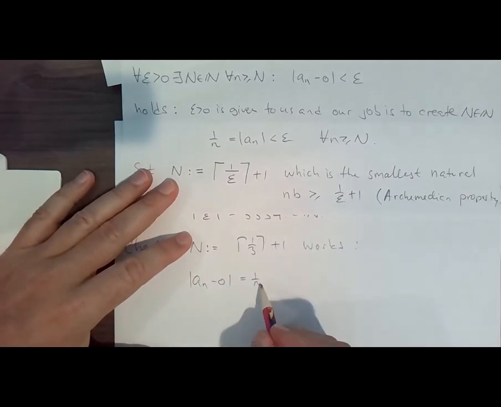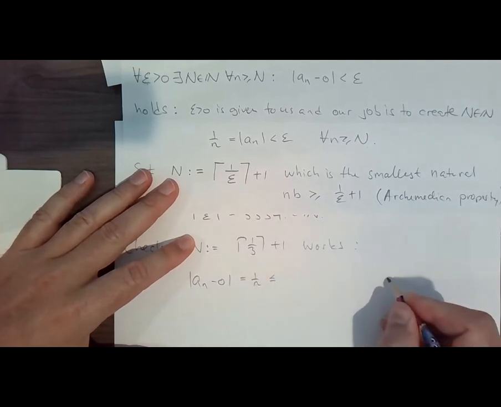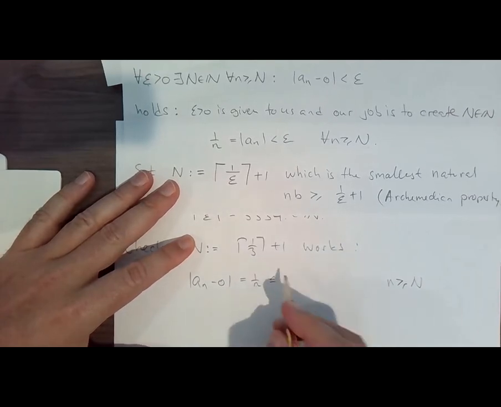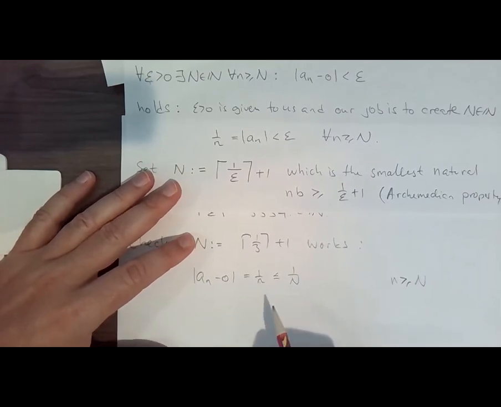Well, 1 over n is going to be bigger than or equal to 1 over, so n was going to be bigger than capital N. If I divide by a smaller number, I'm going to get something that is bigger.